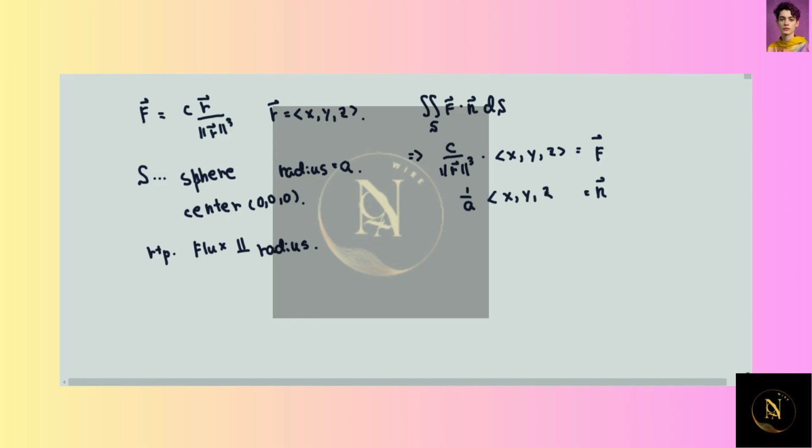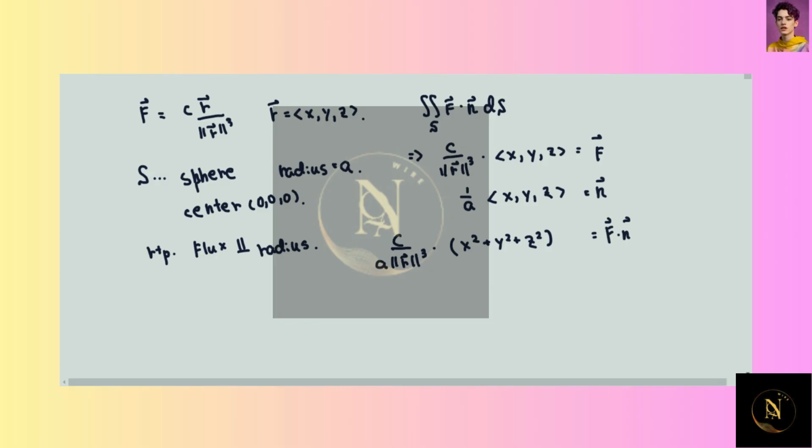So when we find F dot n, we get c over the magnitude of r cubed times x squared plus y squared plus z squared. And as you know, this is simply equal to r dot r, which is the same as the magnitude of r squared.